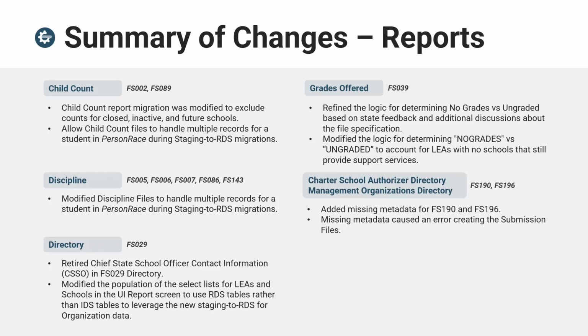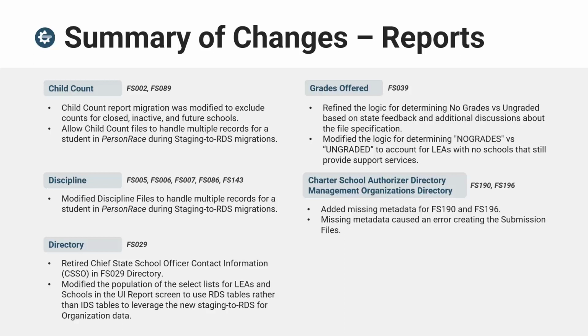And then discipline, we added that same logic to discipline. We didn't have any other discipline changes, but for the discipline files, it doesn't apply to 144, and 88 should be listed in there as well. I missed one and I apologize. But for the discipline files, we added that same logic.